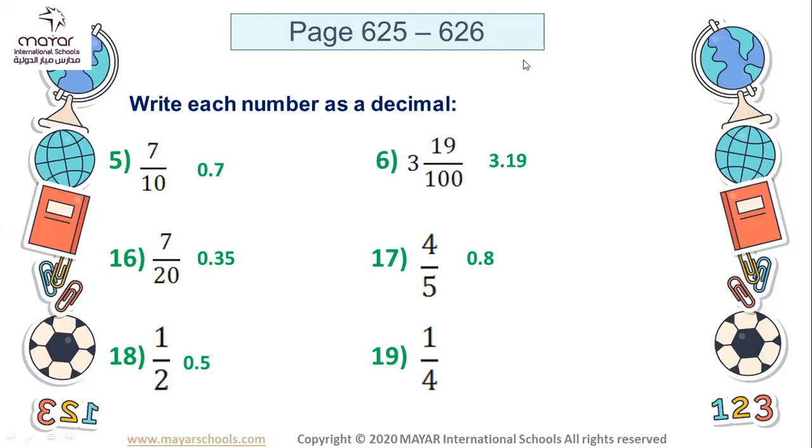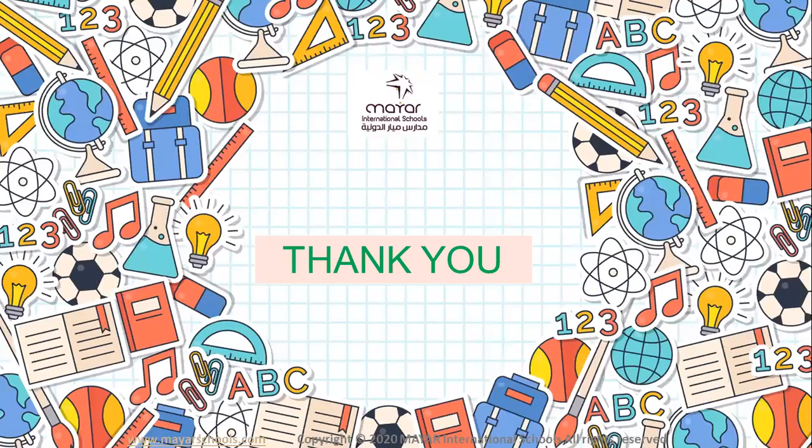We multiply by what, Sana, to get 100? 25. 25, excellent. So 1 times 25 is what? It's 25 out of 100. The answer is 0.25. Thank you so much.